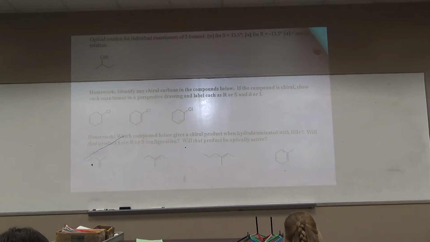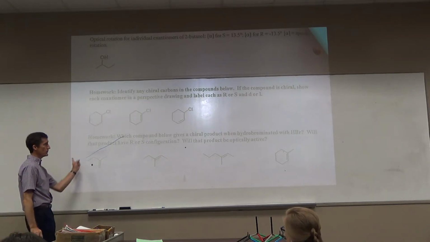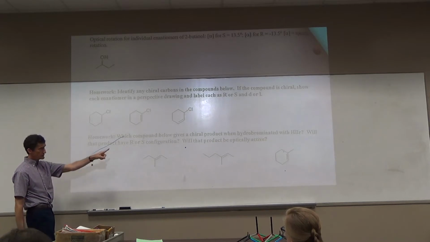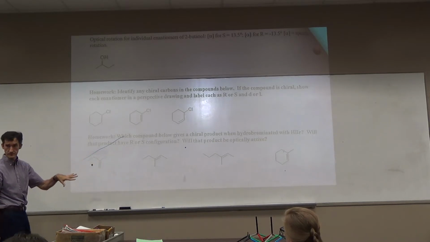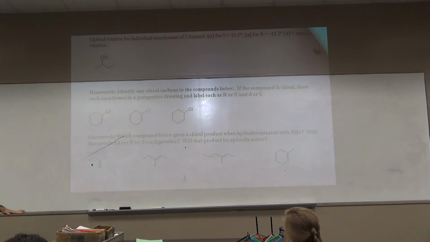Anybody else get an answer? So how did you approach this? It's Markovnikov with the tertiary one, and then it's chiral, because it doesn't have 4 different things attached. All right. I would hope that you would show the hydrobromination product for each one. Step 1, done. Then go back and look at them and say, okay, of my 4 products I showed, which one is chiral?